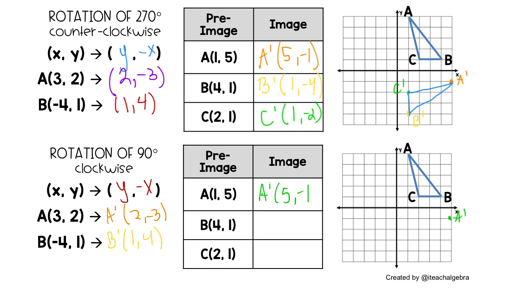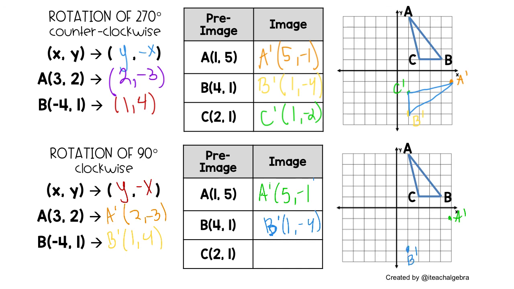B at 4, 1 becomes B prime. Now is about the time that the computer started to quit working. There we go. B prime is at 4, 1, so it becomes 1, negative 4. That's B prime.